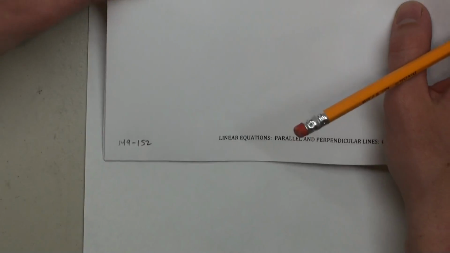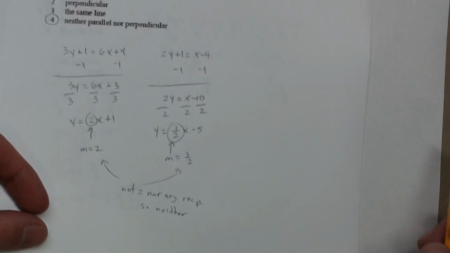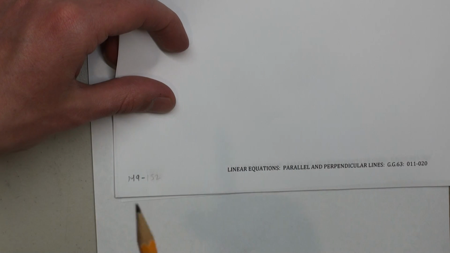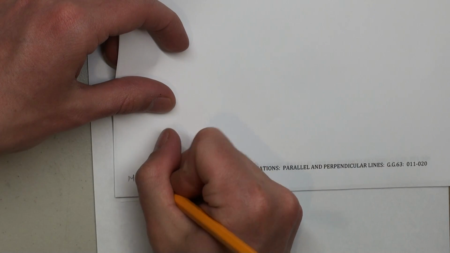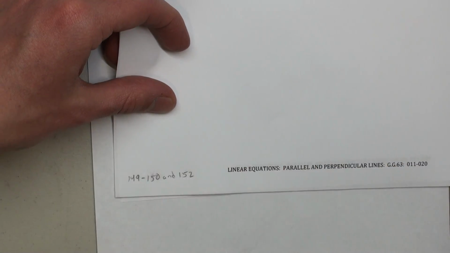Let me just take a look at what I told you to do for the last 10 here. Alright. So this one really, the number 11 should be 149 through 150, end card 152.